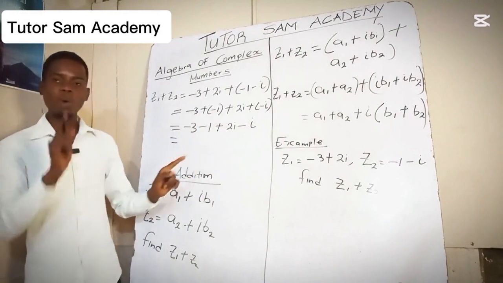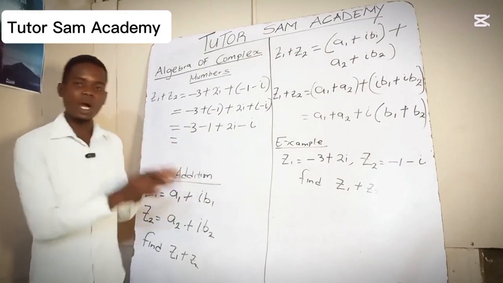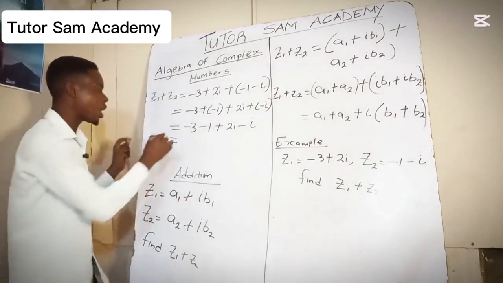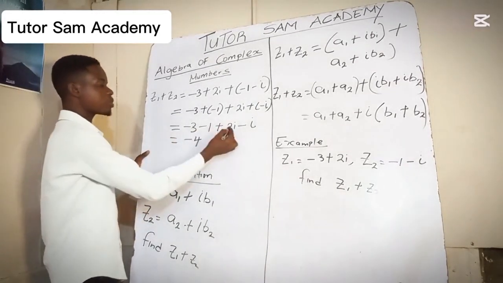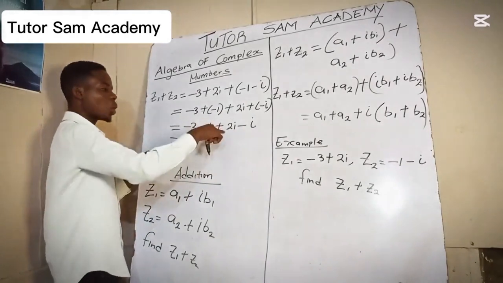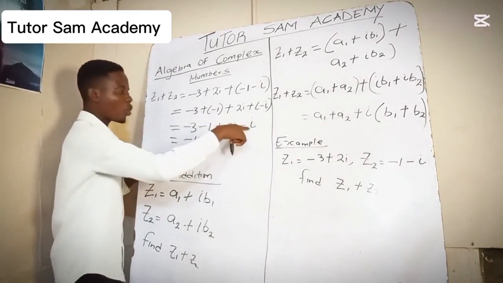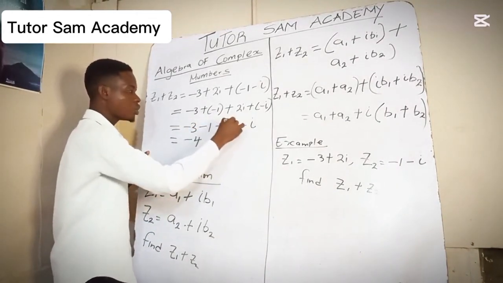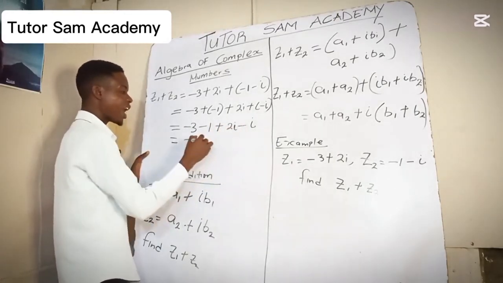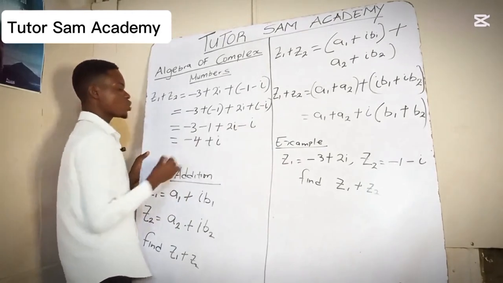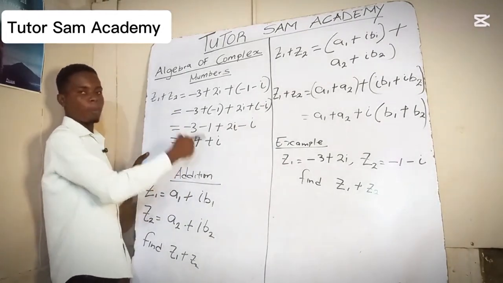Minus 1 means you are owing 1. So when you are owing someone 3 and you are owing another person 1, altogether you are owing 4. So this is minus 4. This is plus 2I minus 1. You have 2I, and you are owing 1. So when you have 2 and you are owing 1, if you pay that one, you are still left with I. So the answer is minus 4 plus I.